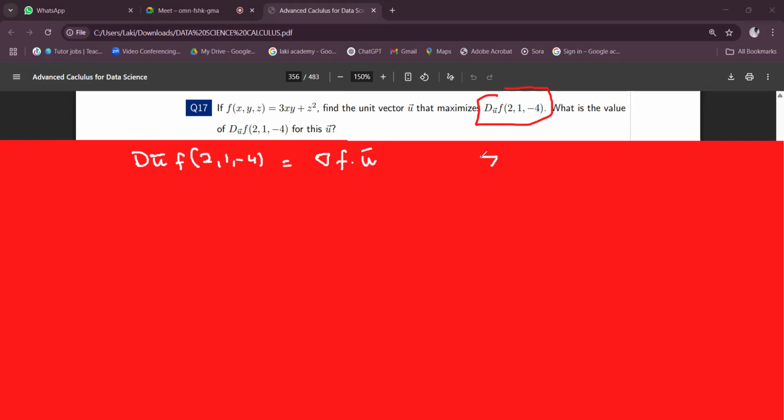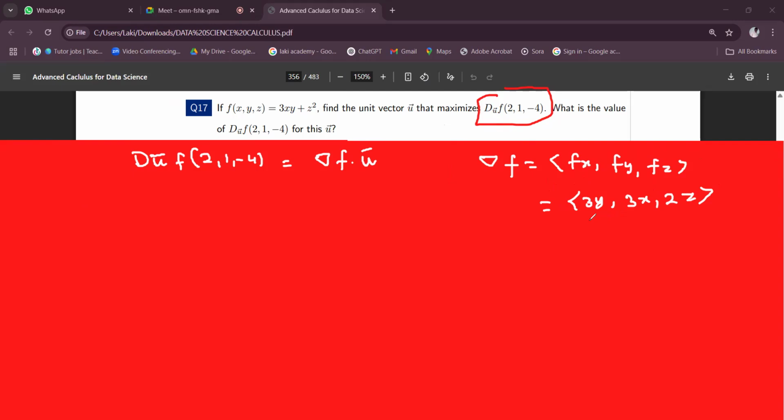So first we find grad f. Grad f is what? f_x, f_y. See, there are three variables, so you also have to write f_z. f_x is 3y, f_y is 3x, f_z is 2z.